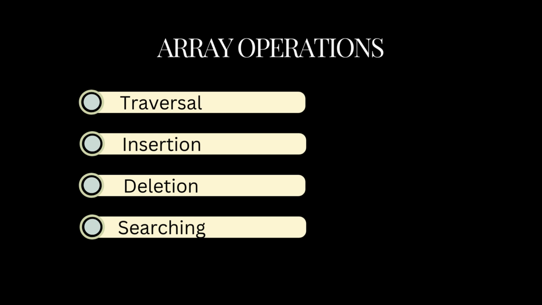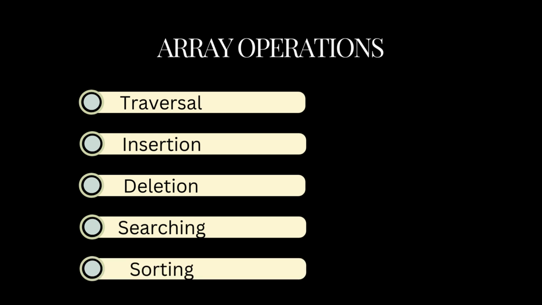This might be performed using linear or binary search. Then it comes to sorting for organizing the items stored in the array. This can be performed using various sorting algorithms such as bubble sort or merge sort. Now we will look into each of these common operations using some practical examples.